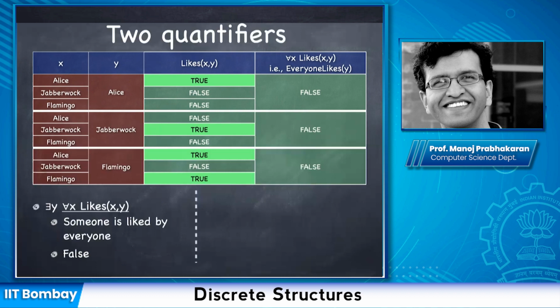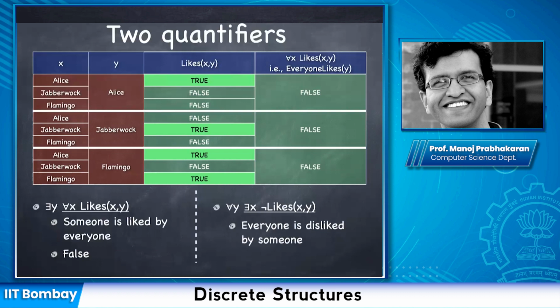And if you look at its reflection, it's a negation of this. So the negation of this would be for all y, the negation of this. So for all y, what is the negation of this? There exists x, not x likes y, right? So for all y, there exists x, not x likes y. That is the negation of this entire statement.